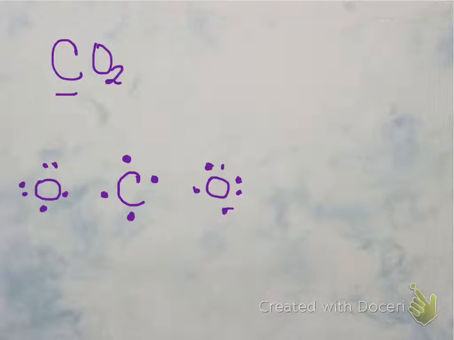Now we need to draw some bonds. The way we've done it in the past is we want all of these single electrons to pair up so that they're not alone, so that each atom has 8 valence electrons once it's all said and done and everybody's shared.